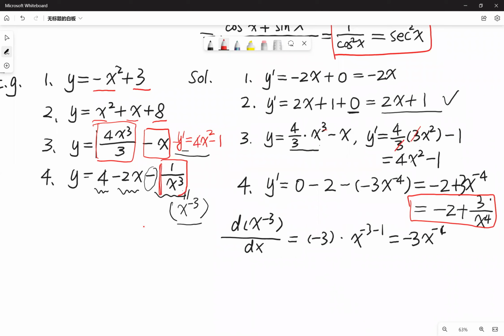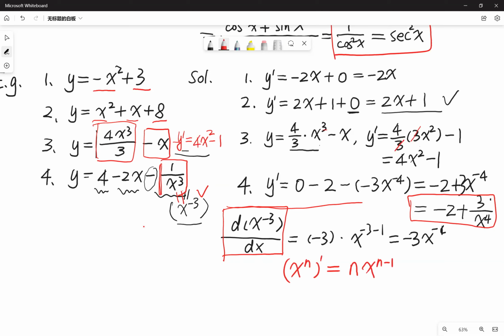Also, here, first, it's equal to x to the power minus 3. This step, you know it, right? Yeah, Laoshi. Then here, we calculate the derivative of the last factor. The derivative of x to the n equals n times x to the n minus 1.